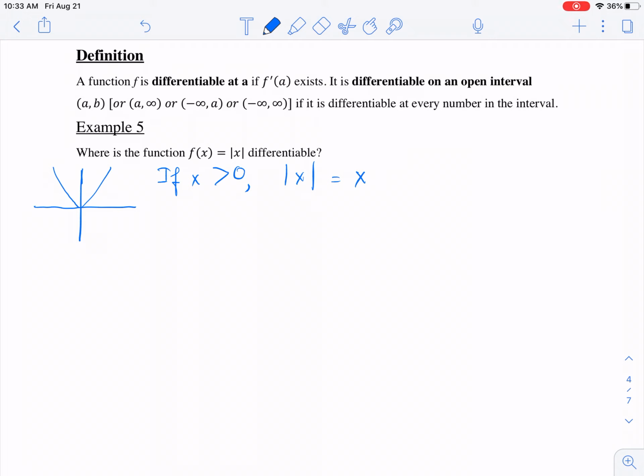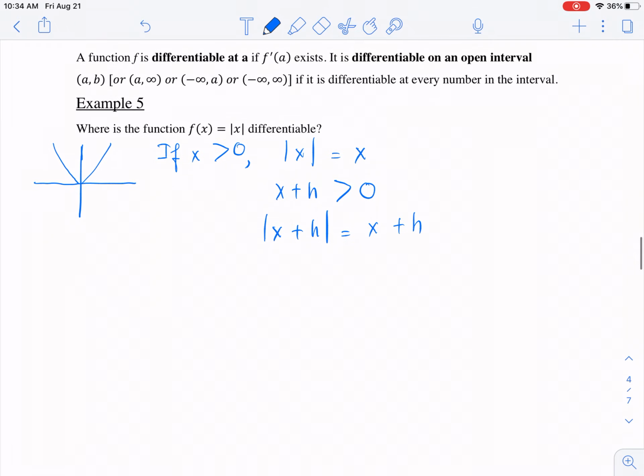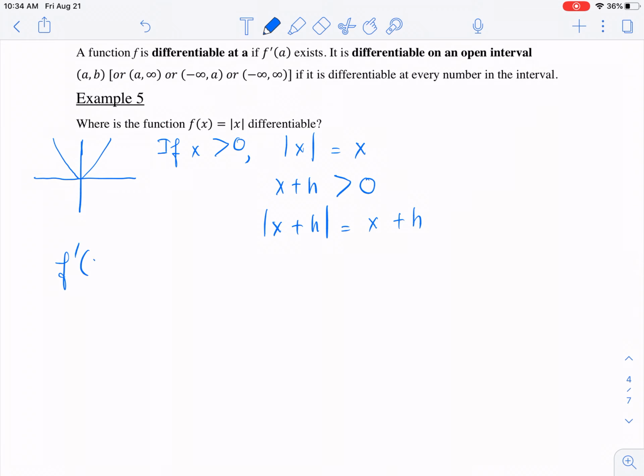So I'm going to choose an h small enough so when I add, I still get a positive number. Because of this, the absolute value of x plus h is going to be positive x plus h.